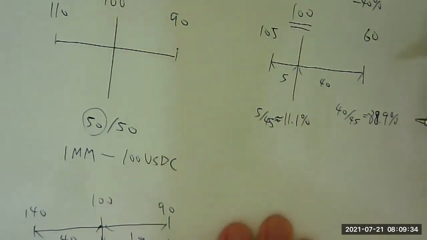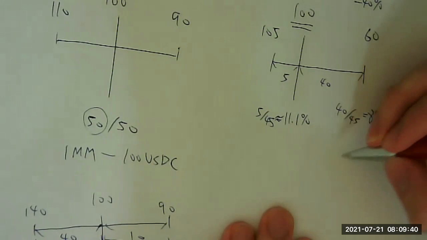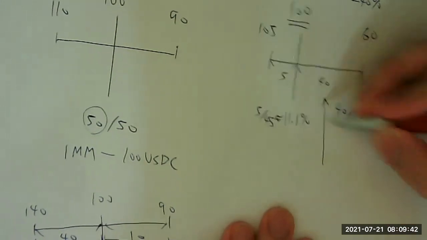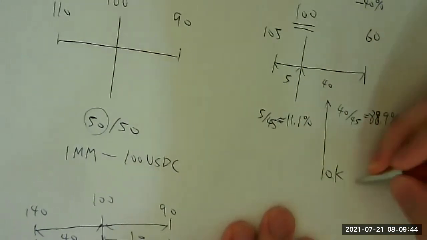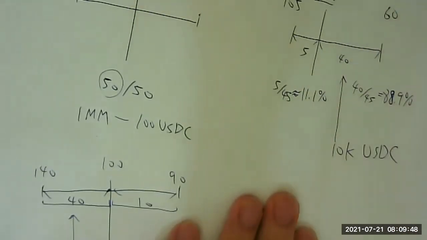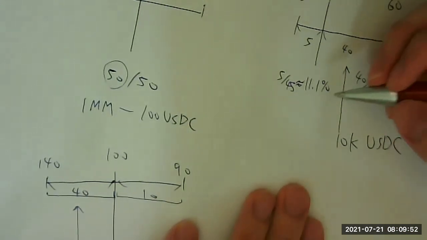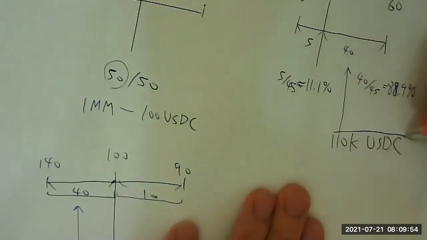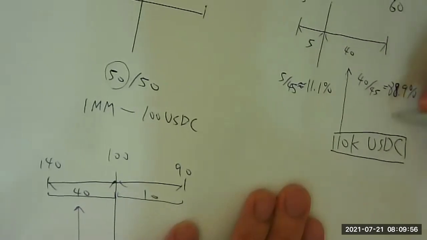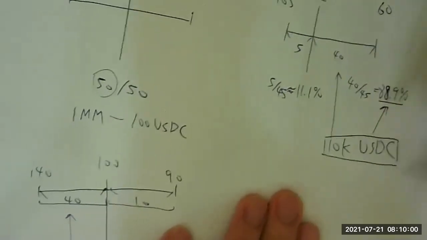All right. Now, if I have, say, 10K USD, and I want to put 10K USDC here, what will my NM be? Well, this 10K occupies 88.9% of the total value.